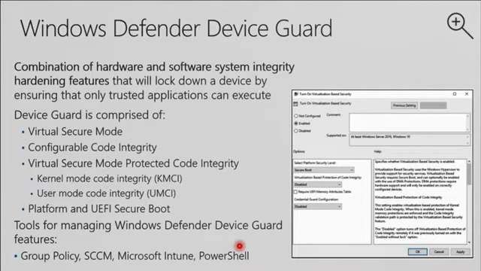An important topic is this one about Device Guard, Windows Defender Device Guard. Device Guard is actually an enhanced version of AppLocker. It's creating a more complex opportunity to do whitelisting for applications.